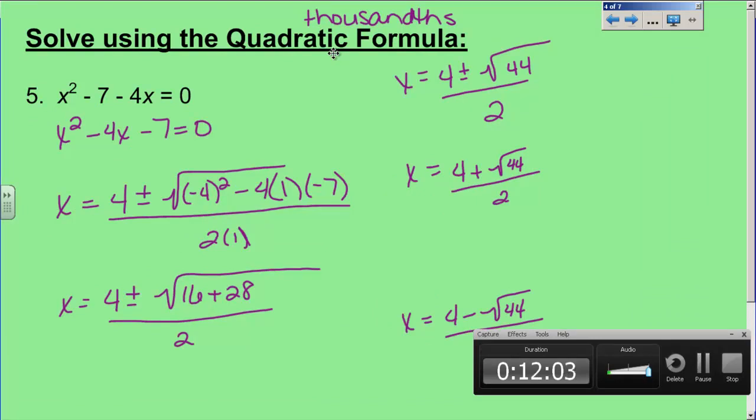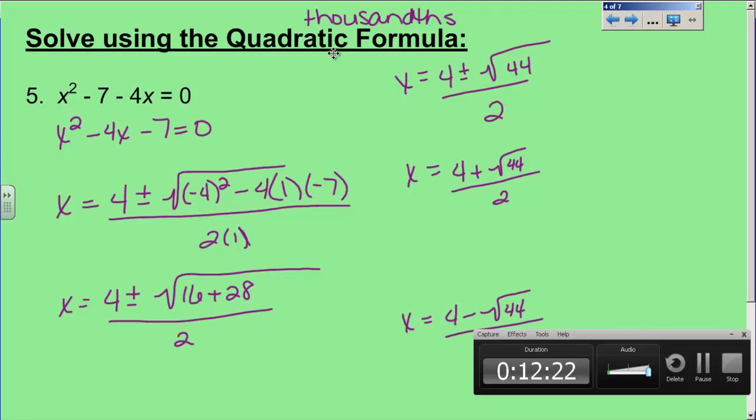So the first thing you're going to do is 4 plus, now to get the square root, you hit second x squared, and then 44. Go ahead and hit enter and get that, and it's going to be a long decimal. Leave it as is, and then hit divided by 2. You don't have to retype it. If you just hit divided by 2, it does it for you.